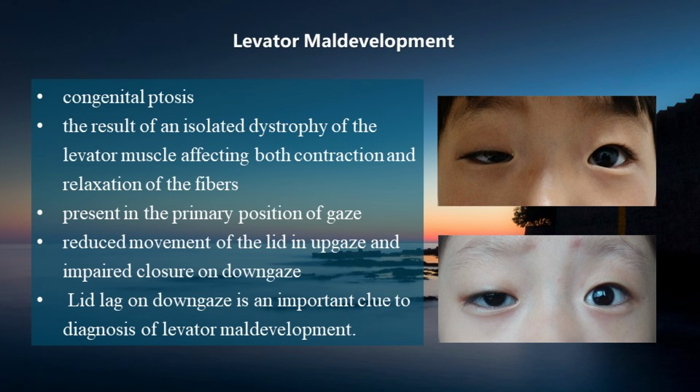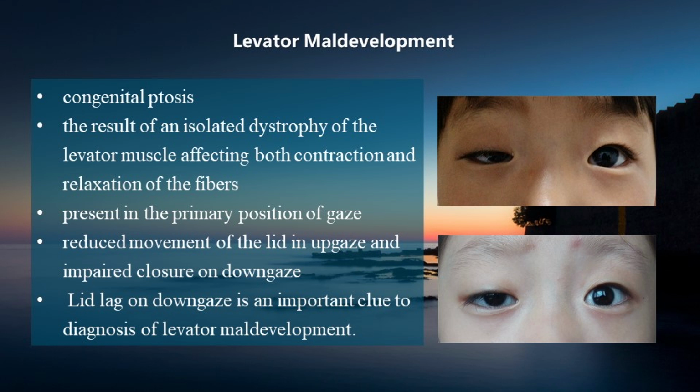Ptosis is present in the primary position of gaze, and there is reduced movement of the lid in upgaze and impaired closure on downgaze. Lid lag on downgaze is an important clue to the diagnosis of levator maldevelopment. Other ocular abnormalities, such as strabismus, are sometimes associated with this form of congenital ptosis.